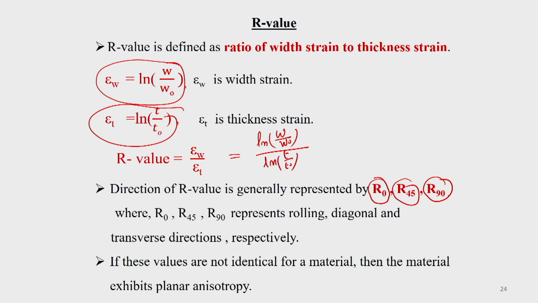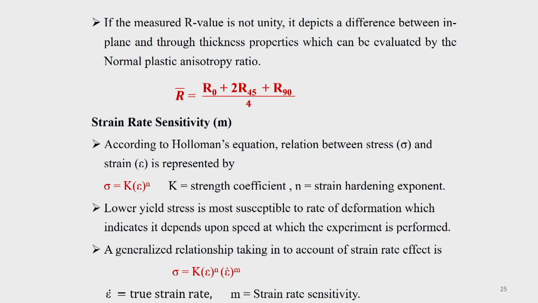If these values are not identical for a material, then the material exhibits planar anisotropy. So, what is this planar anisotropy? Let us see.